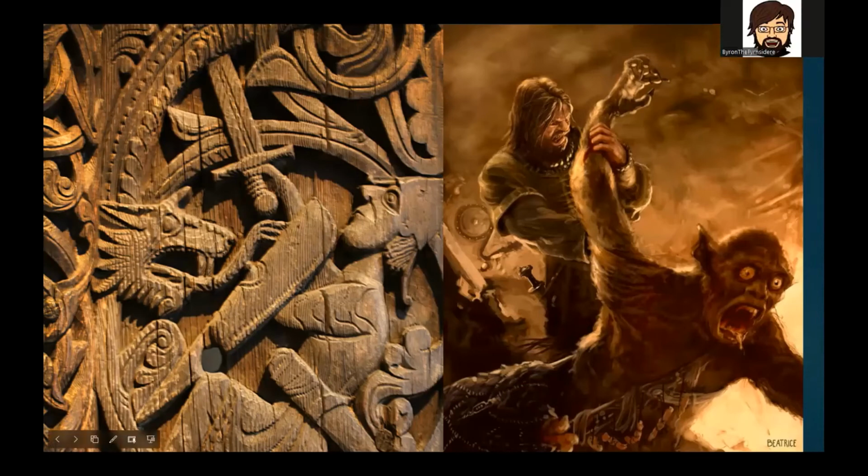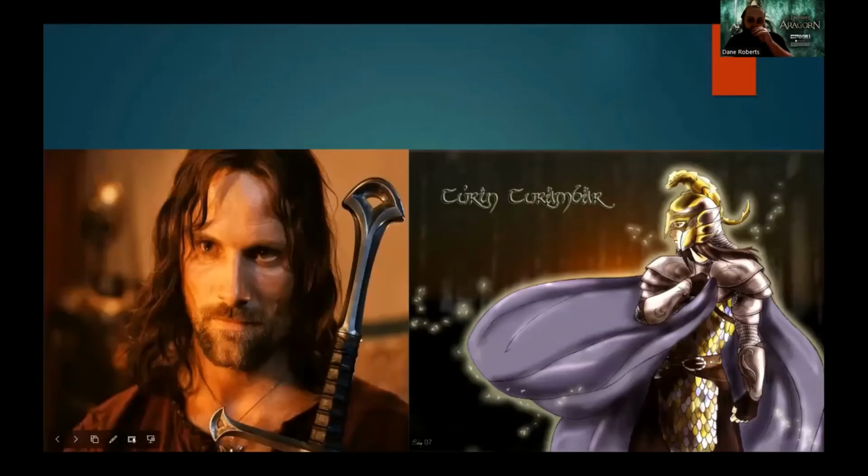So, who did he use these individuals to create? Well, for one thing, Sigurd actually created two different people. One, he was one of the main inspirations for Aragorn in The Lord of the Rings. Not the only one. He also used Arthurian legend for that, but again, we don't have time to cover that.